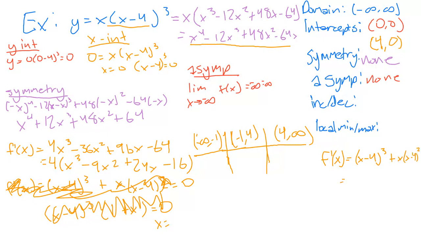So we factor out an x minus 4 squared, and that leaves us with x minus 4 plus x. So x minus 4 plus x is going to get us 2x minus 4, which is going to bring us down to 2 times x minus 2.